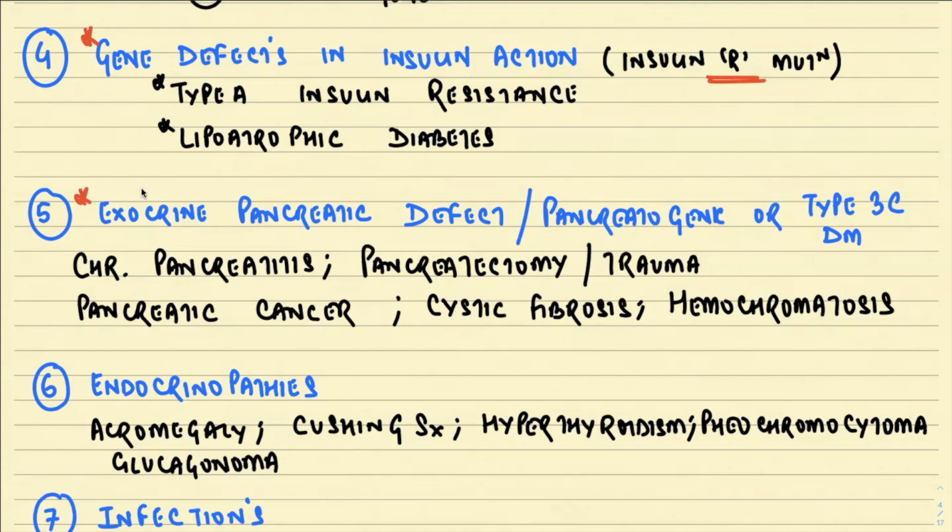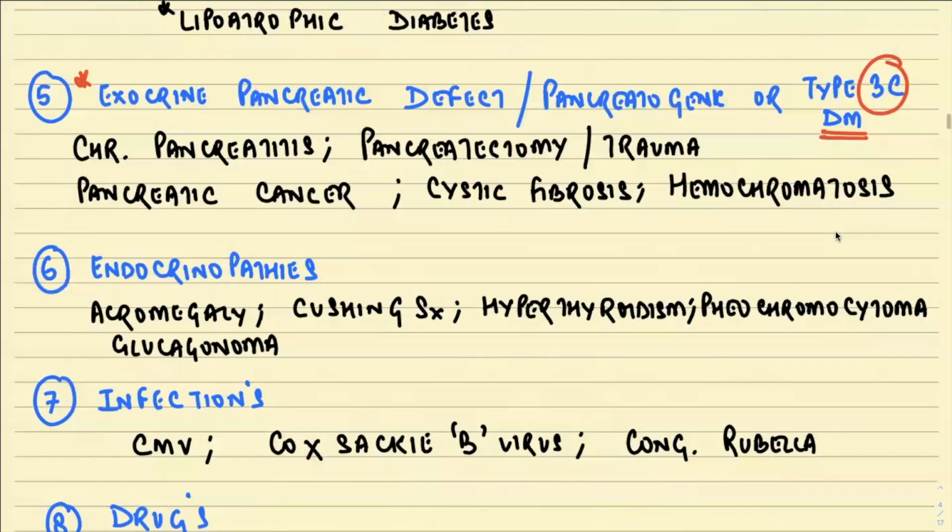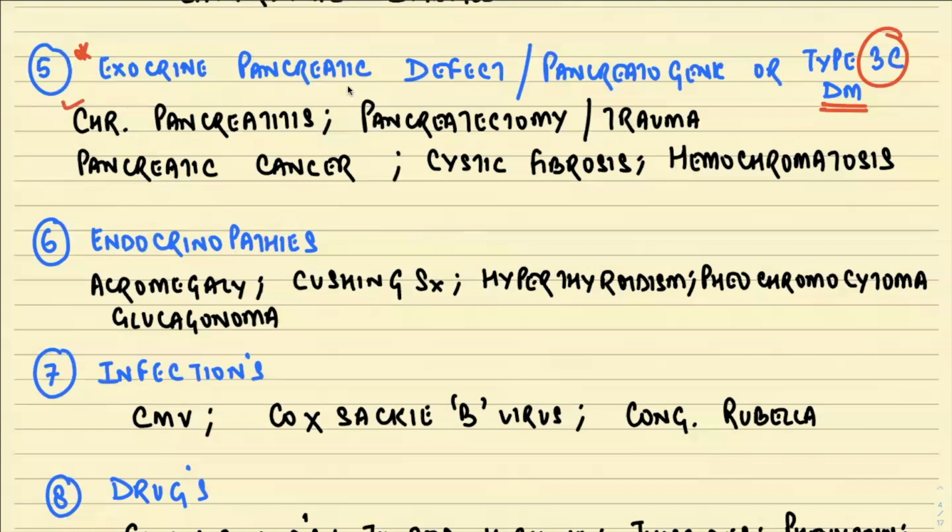Fifthly, we have exocrine pancreatic defect or pancreatogenic or type 3C diabetes mellitus, which occurs secondary to chronic pancreatitis or pancreatectomy or any kind of pancreatic trauma, pancreatic cancer, cystic fibrosis, and hemochromatosis. Then we have endocrinopathies, which can also predispose to diabetes, like acromegaly, Cushing syndrome, hyperthyroidism, pheochromocytoma, and glucagonoma.